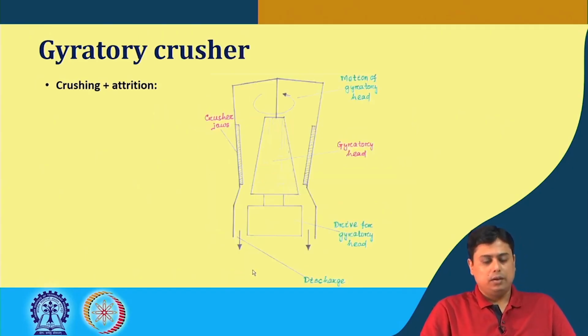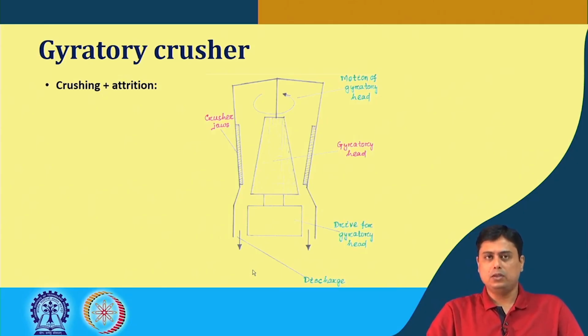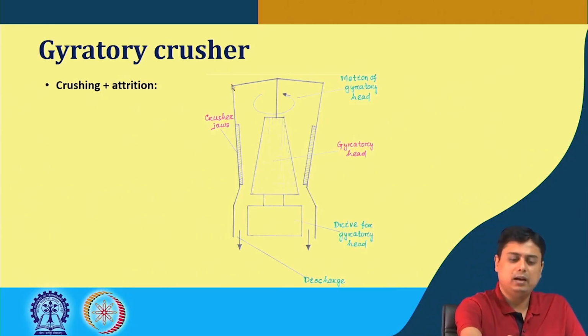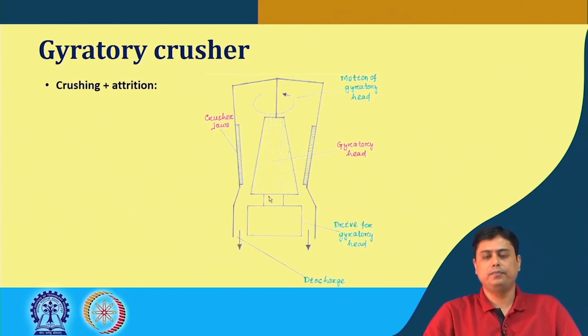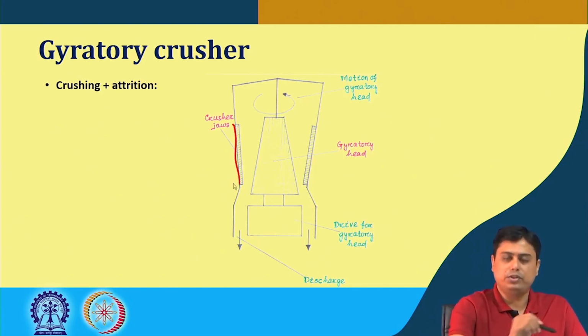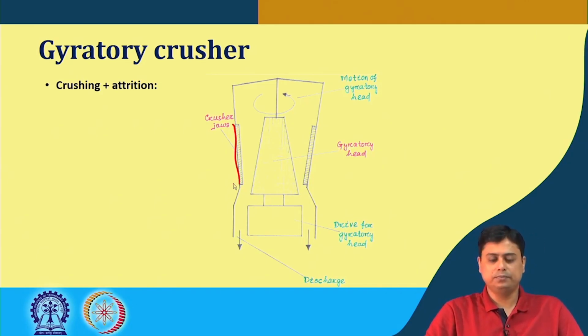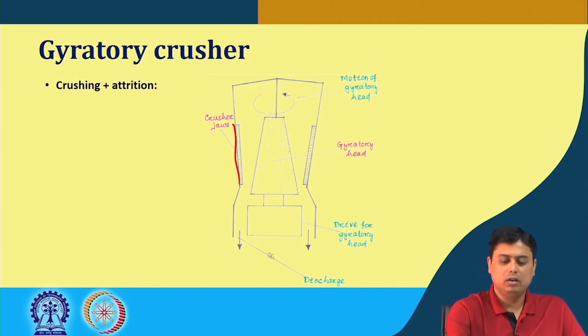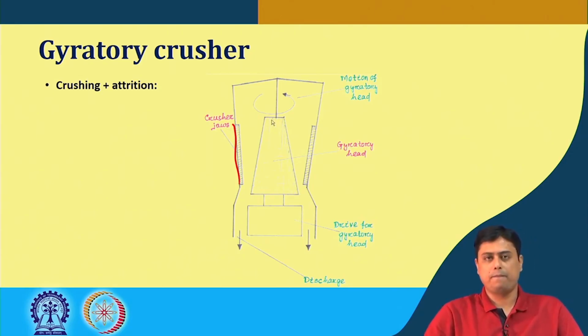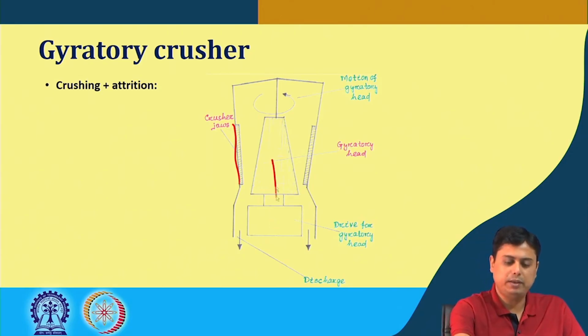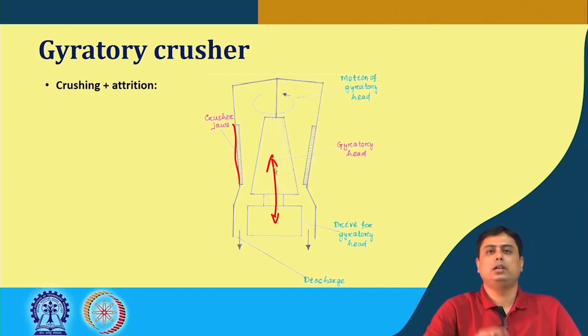The other equipment that we saw was the gyratory crusher. In this case we had a static chamber, where the inside walls were lined with jaw material, ribbed portions, and we have a gyratory head, this conical section, whose position can be adjusted by moving it upward or downward.